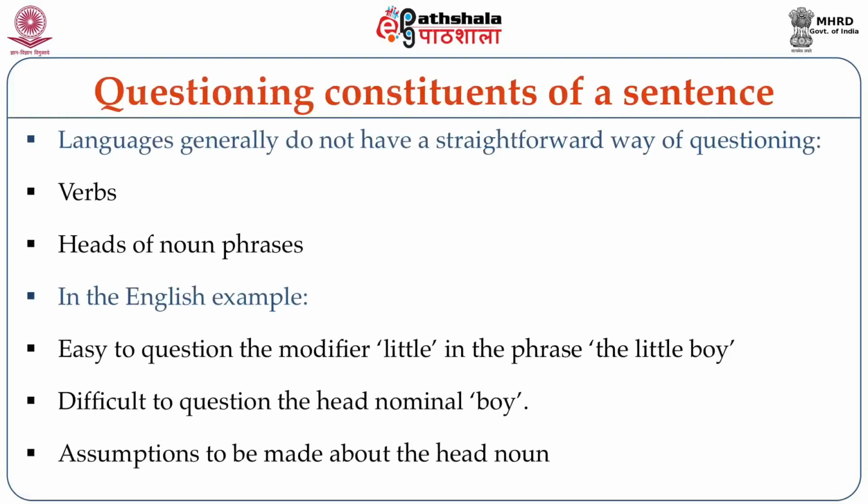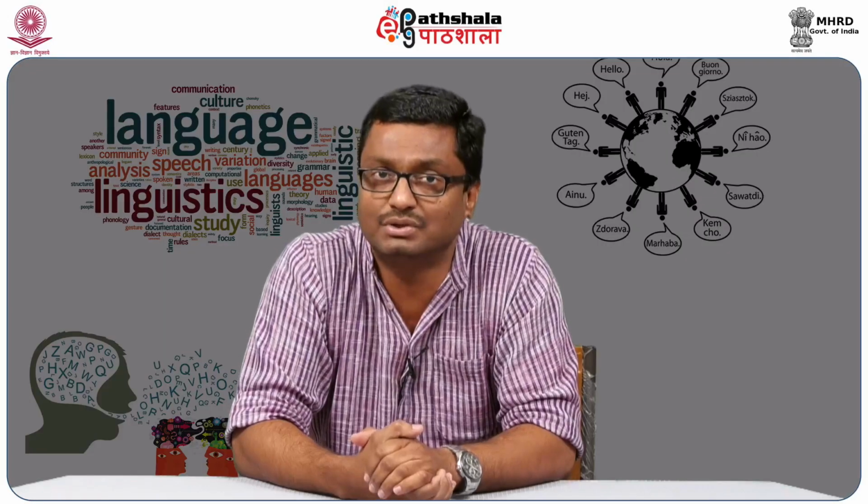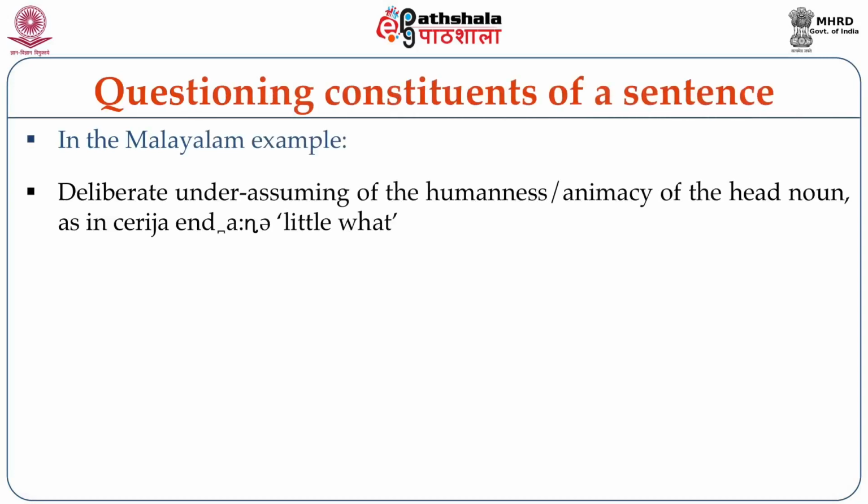One has to make assumptions about the head noun, like it being a human or an animal, etc., to be able to question it. In Malayalam, in contrast, the same is done by deliberately underassuming the humanness or animacy of the head noun, as in cheriya endana, little what it is.